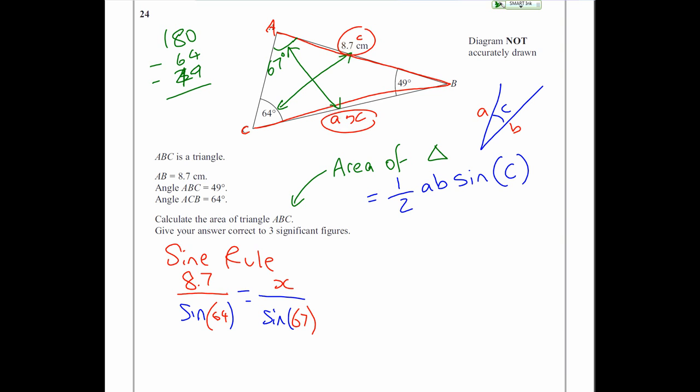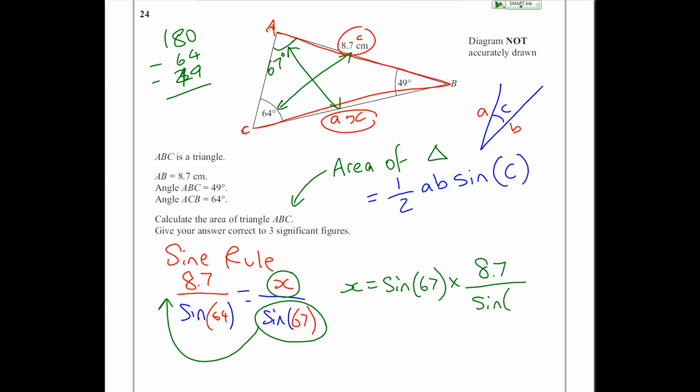Now we want x as our answer, so we want to rearrange this equation by multiplying up by all of this, and that'll get it to this side. So x equals sine 67 times 8.7 over sine of 64.